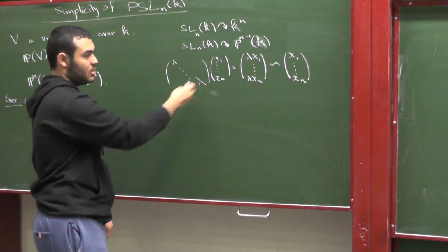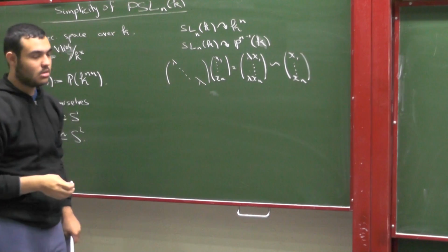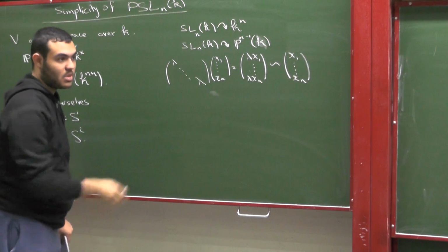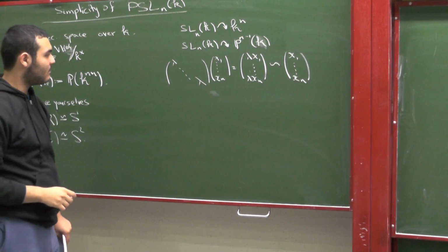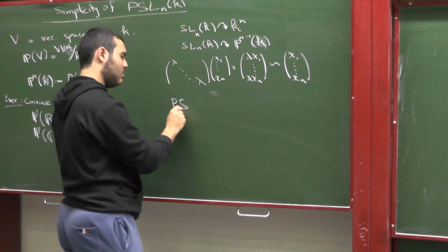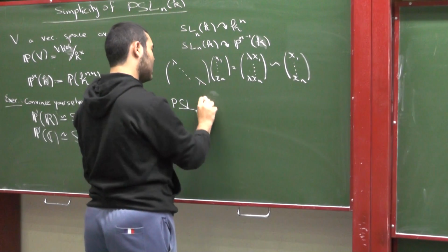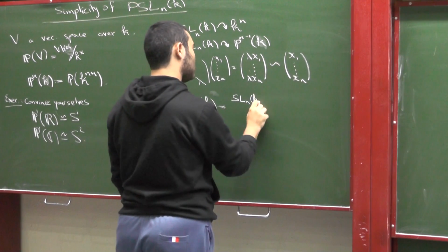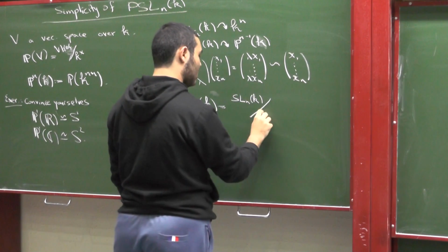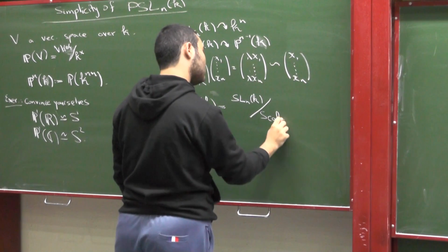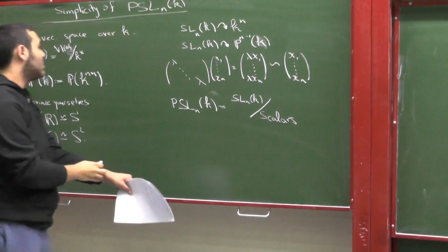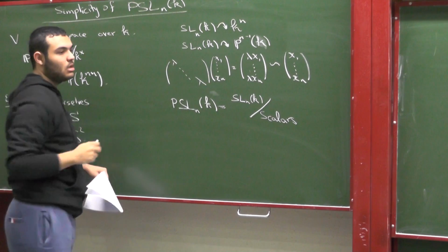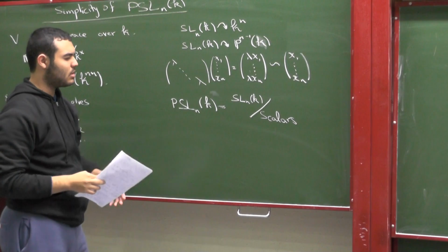So this is the kernel of the action, meaning that anything that acts like the identity must be a scalar matrix, and therefore we define PSL_n(K) to be SL_n(K) modulo the scalars inside of it. Maybe just to mention, the action we start with is usually with GL_n, not with SL_n, and still everything works.